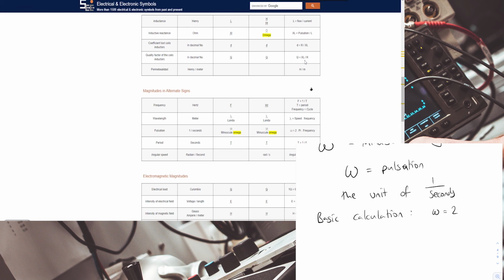That dot. 2 times pi. Let's do the sign for pi. I can just put 2 pi, right? Or no? Okay, let's not. Just keep it the same. It says 2 times pi times the frequency. Not going to fit. And the basic calculation is 2 times pi times the frequency. Okay, so omega is 2 times pi times frequency, and that equals somehow pulsation.